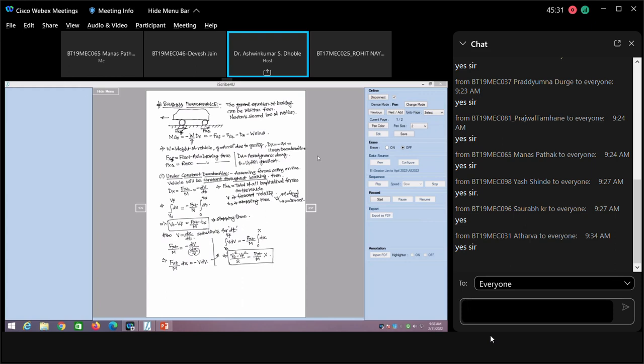If you are saying that the vehicle is going to stop at the end, that is the distance which is covered. So x is the distance traveled during deceleration. Okay, so sir, this is easy now.